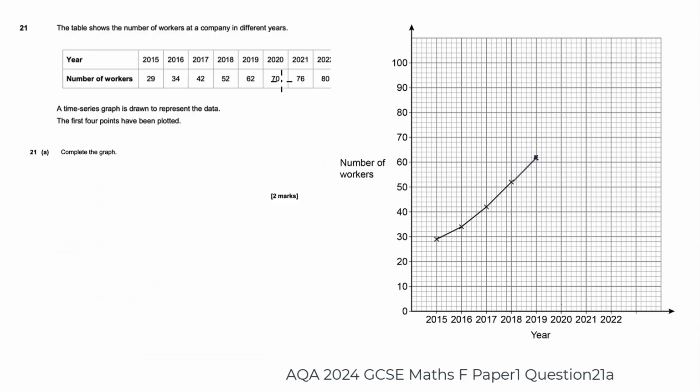So the next year, 2020, and that's 70. Again, let's get the ruler onto that. 2021 is 76. 72, 4, 6. That would be 3 squares above the 70 line.